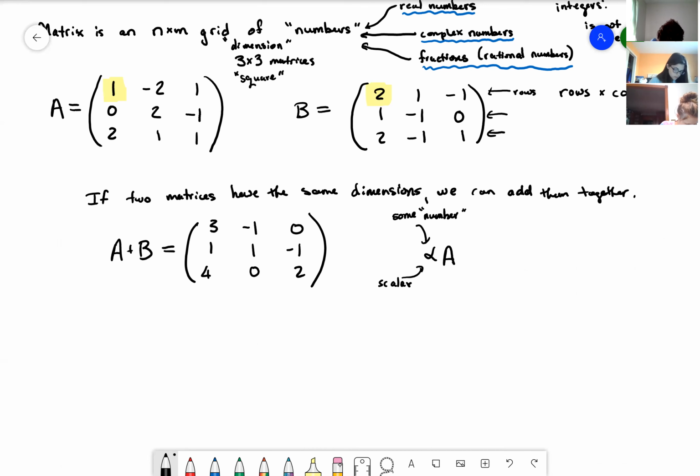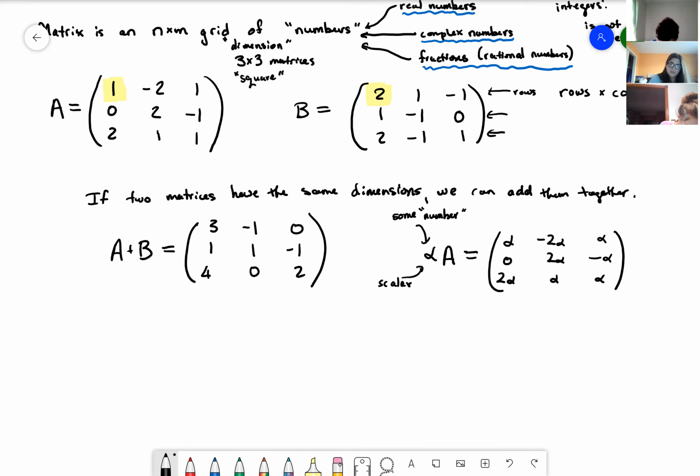So let's just do it in general, and we'll do the specific. Okay, so we just multiply it by every entry. We scale every entry by that scalar. So the first row will be alpha, 0, 2 alpha, negative 2 alpha, 2 alpha, alpha, alpha, negative alpha, alpha.